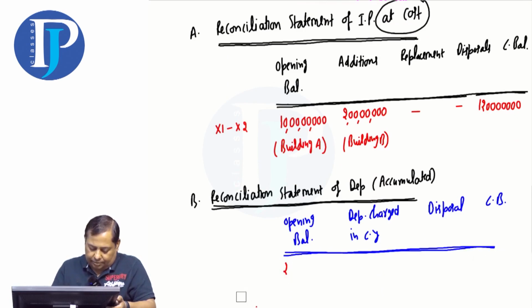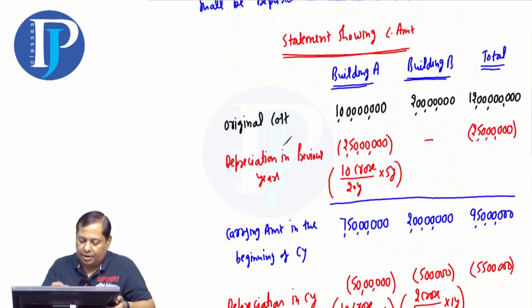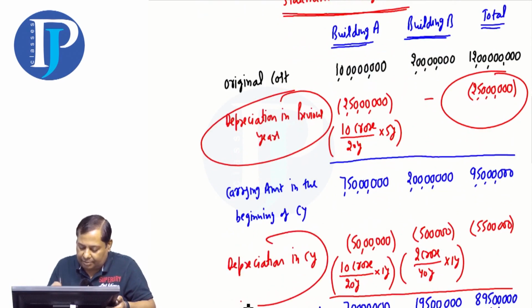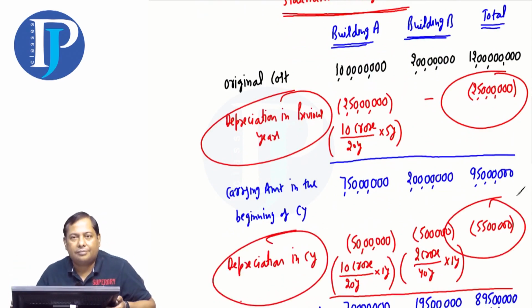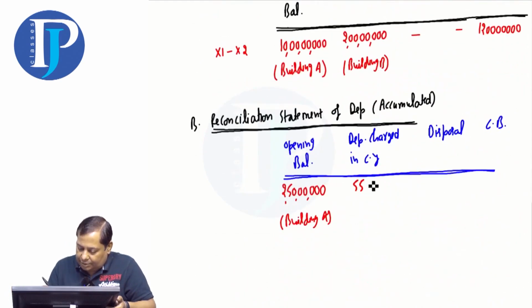We had 2.5 crores of building A. Let me check for you. Look at the top. We have past depreciation of 2.5 crores. The depreciation that is charged for the current year is 55 lakhs. A and B both have been charged. The total will be 3 crore and 5 lakh rupees.